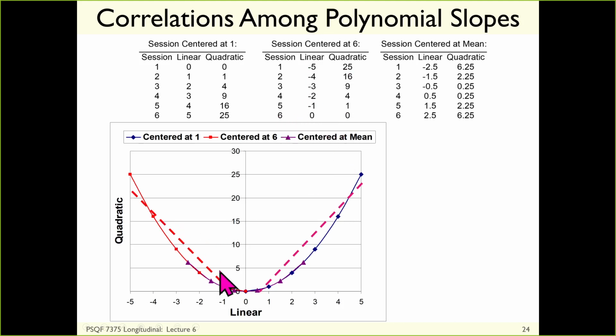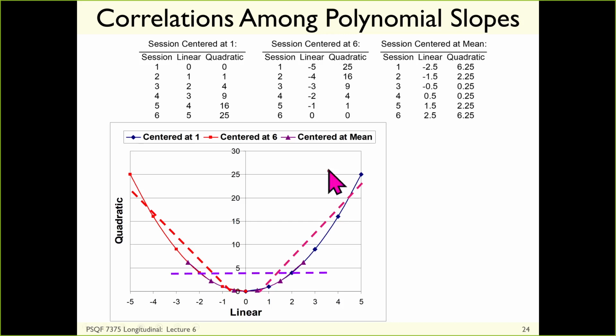Now I've induced a negative relationship between these numbers. Only when I do mean centering for time have I eliminated the correlation between linear and quadratic time slopes. So for that reason, some statisticians recommend mean centering time if you're going to fit these models, because then the correlation between the linear and quadratic random slopes will be at a minimum.